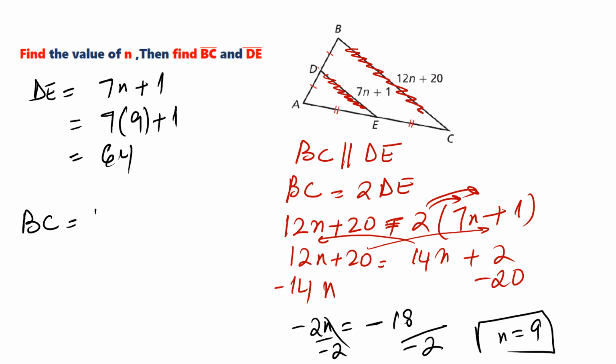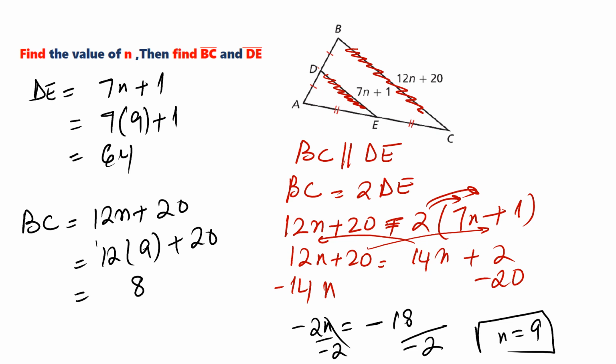What is BC? It is 12n plus 20. So it is 12 times 9 plus 20. 12 times 9 is 108 plus 20, which means 128, and 64 is half of 128.